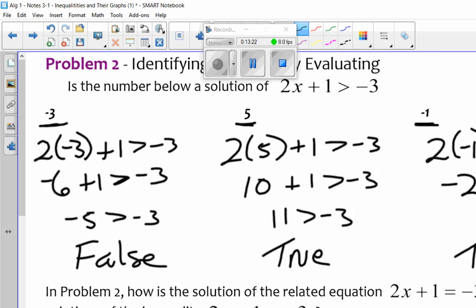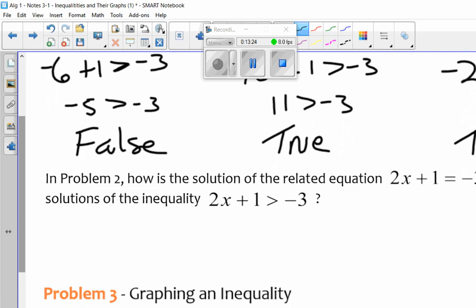In this particular question here, they're asking what's the relationship between what kind of solution I get for 2x plus 1 equals negative 3, and what kind of solution I get for the same thing except with the inequality.